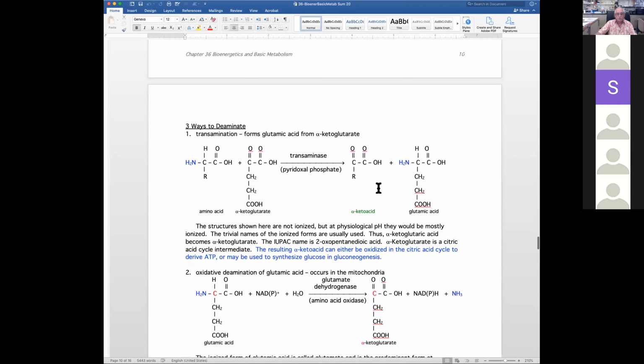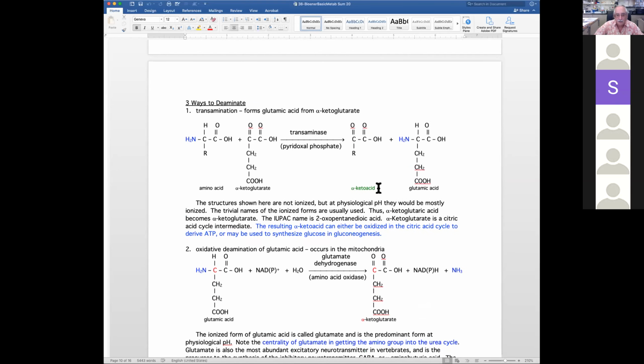So here's 3 ways to deaminate amino acids. So here is glutamic acid. Anyway, so the first thing is you take an amino acid, pretty much any amino acid, and you want to take off its amino group.